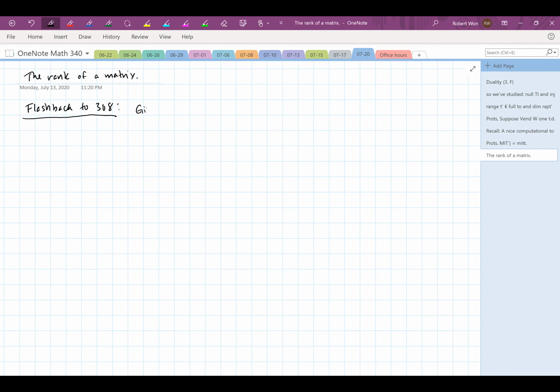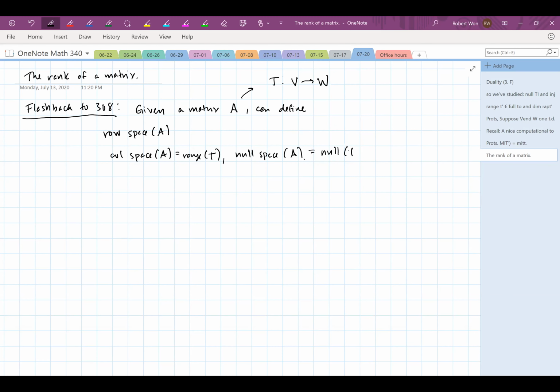Given a matrix A, you can define the row space of A, the column space of A, and the null space of A. If you use A to define a linear transformation T from some vector space to some other vector space, then the column space of A is related to the range of T, and the null space of A is related to the null space of T, or the kernel of T.